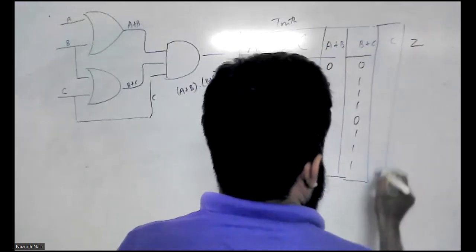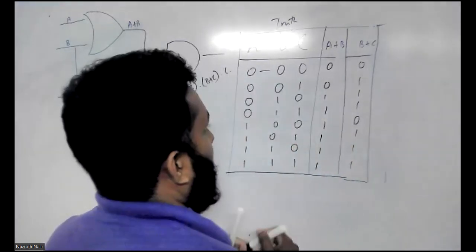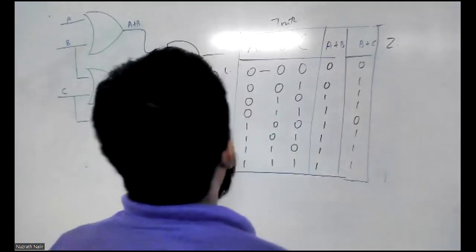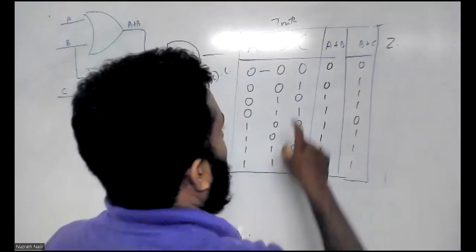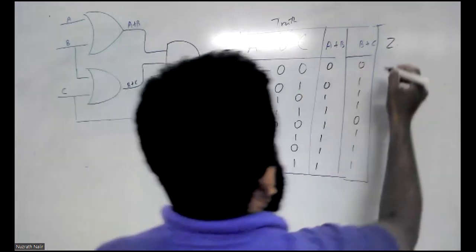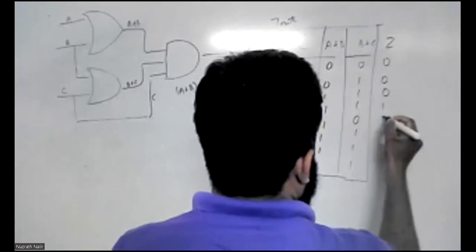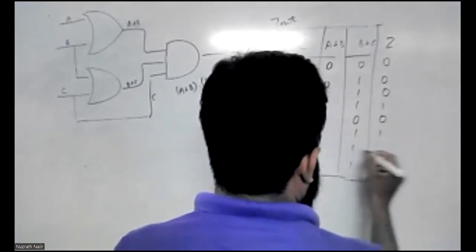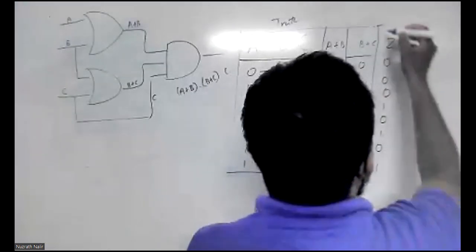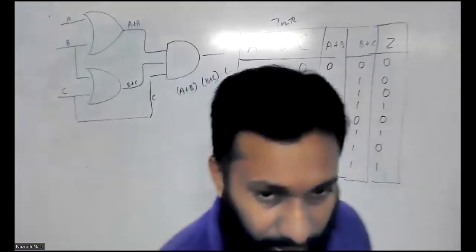Now the C, you don't need to write the C directly, you can get the C from the table. So the Z: directly you can say 0 into 0 into 0 is equal to 0. The output is 0, 0, 1, 0, 1, 0, 1. So this is your answer.